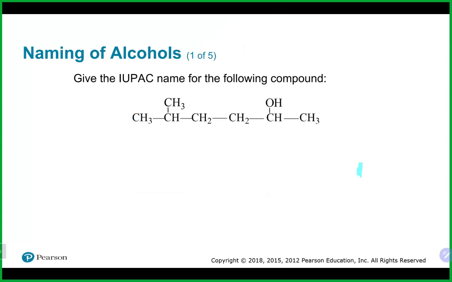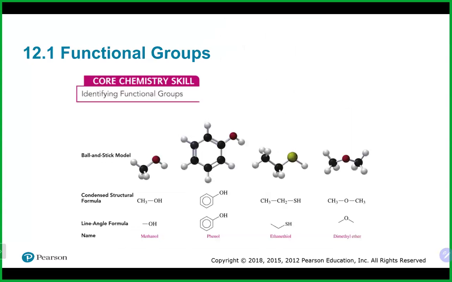Now, when we look at alcohols, we can actually classify alcohols the same way as we classify carbons as primary, secondary, or tertiary. And we can have, for example, a primary alcohol as kind of the same concept there.